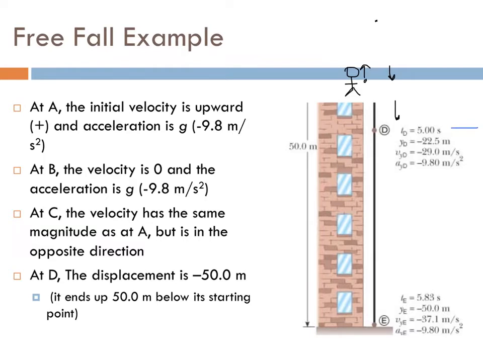We are now a displacement of negative 22.5 meters from, again, where we started. That means we are 22.5 meters below where we started. Again, we have a negative right here. This tells us that we are moving downward.